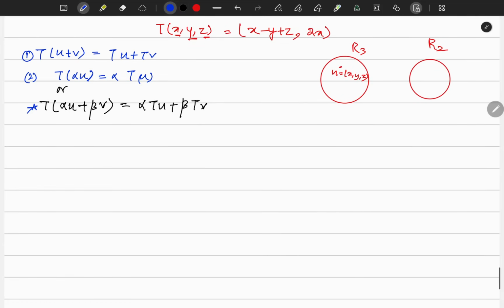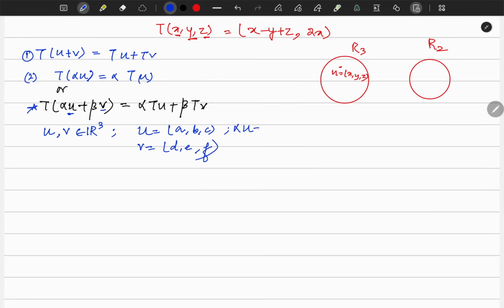I just follow this one. Here we have u and v. I suppose that u and v are from the domain R3, and suppose that u is equal to (a, b, c) and v is equal to (d, e, f). Because u is from R3, it has 3 coordinates, and v is from R3, it has 3 coordinates. Now I need alpha u plus beta v.